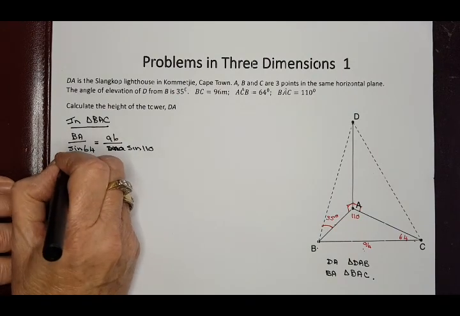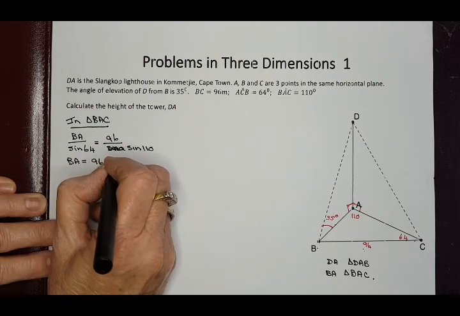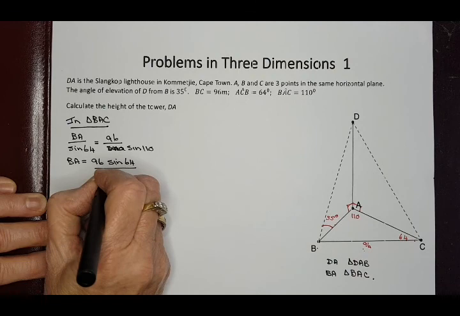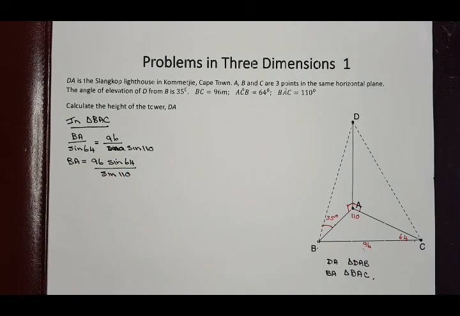In other words, BA is equal to 96 multiplied by sine of 64 all over sine of 110.